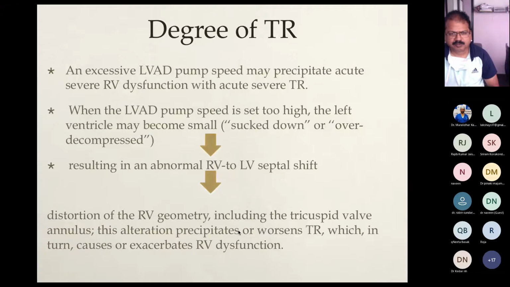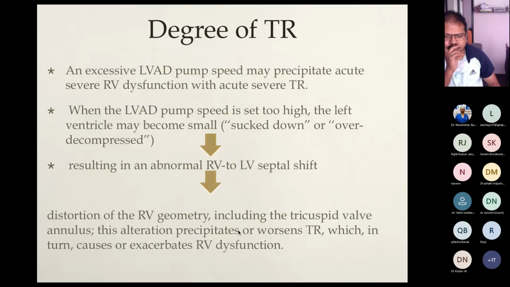The degree of TR also has to be assessed carefully, because the LVAD reduces the left ventricular end-diastolic pressure, and also reduces the pulmonary artery pressure. So ideally, it should reduce the degree of TR, but at the same time, it is increasing the preload to the RV. So sometimes it exaggerates the TR.